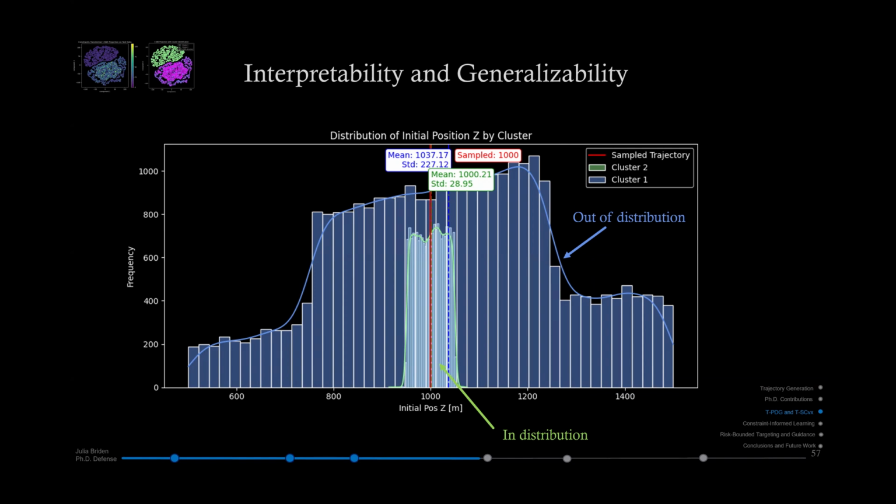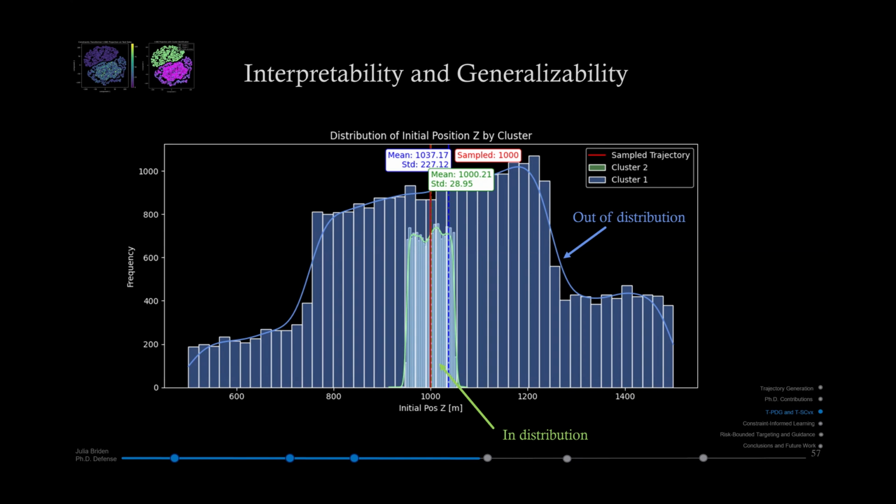If we look at the Z position inputs and the distribution of each cluster, we see that cluster 2, which had a more uniform, smaller number of tight constraints, has a quite small standard deviation and a mean quite close to the original trajectory that we sampled around when we did our uniform sphere sampling.